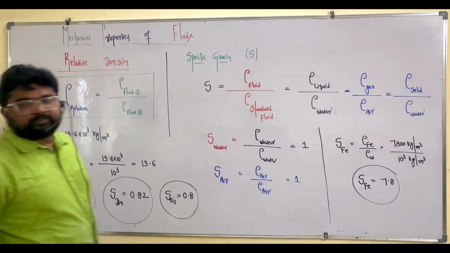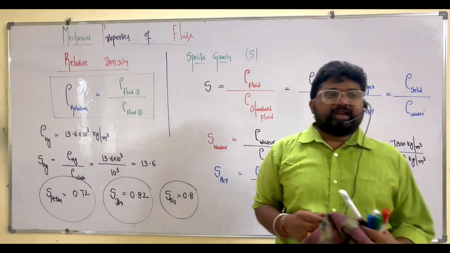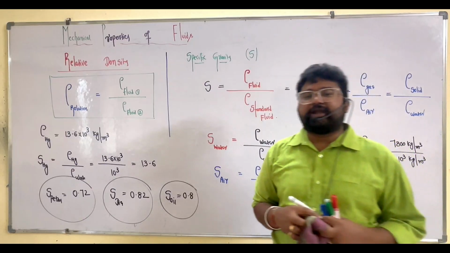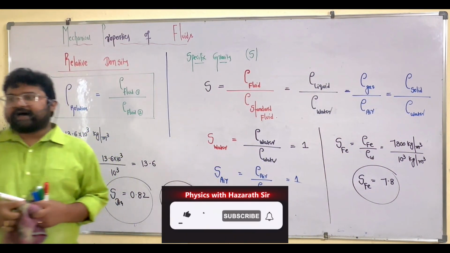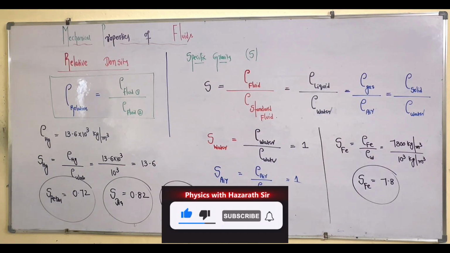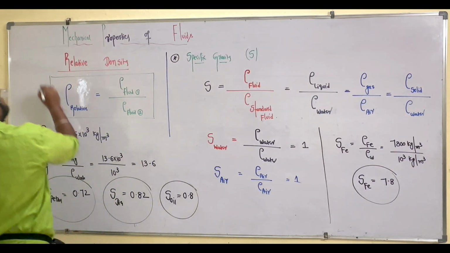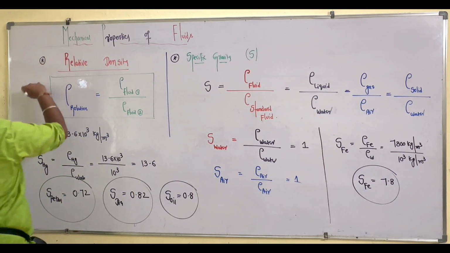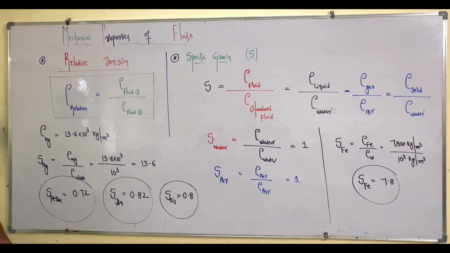Now put a note: all specific gravities are relative densities, but all relative densities are not specific gravities. Relative density is the ratio between the densities of two fluids.